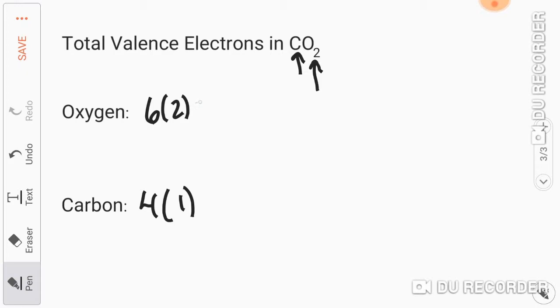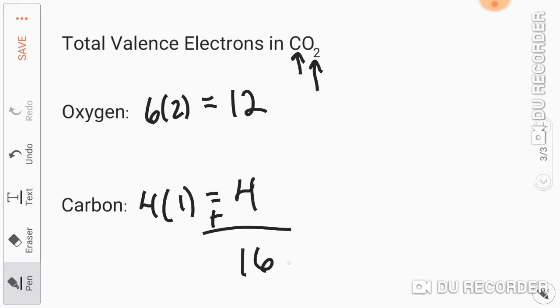So now let's multiply the 6 by 2, again because we have 2 of them, and that'll be 12 total valence electrons for oxygen. Carbon, if we were to multiply the 1 and the 4, that would give us 4 valence electrons. And if we were to add the two, 12 and 4, we would actually get 16 total valence electrons. Great, but still, now we're not quite ready to solve for the Lewis dot structure.